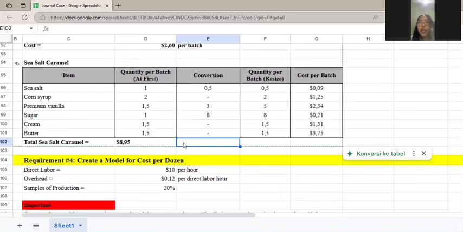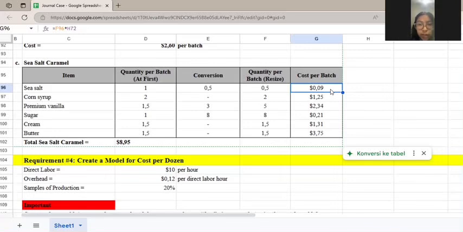Okay. The quantity per batch at first and the conversion we already know from the table of the journal. For the cost per batch, the formula is quantity per batch times the ingredient cost.